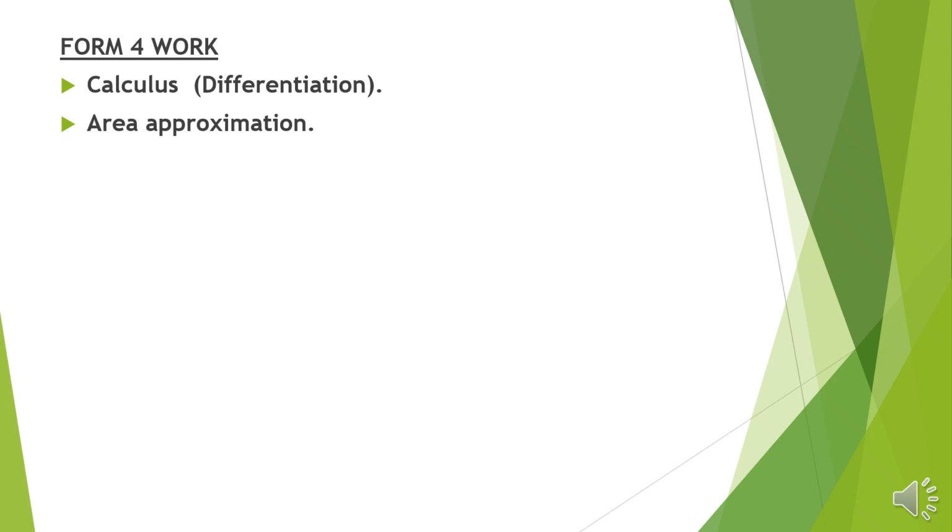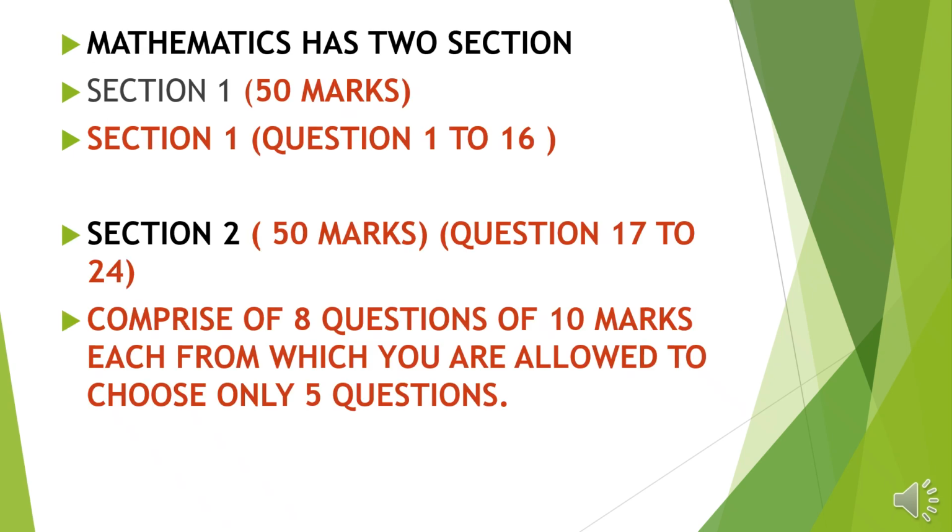Remember, in paper 1, 90% will come from Form 1 and Form 2, the other percent will come from Form 3 and Form 4. Mathematics has two sections. That is section A and section B. Section A comprises of question 1 to 16.